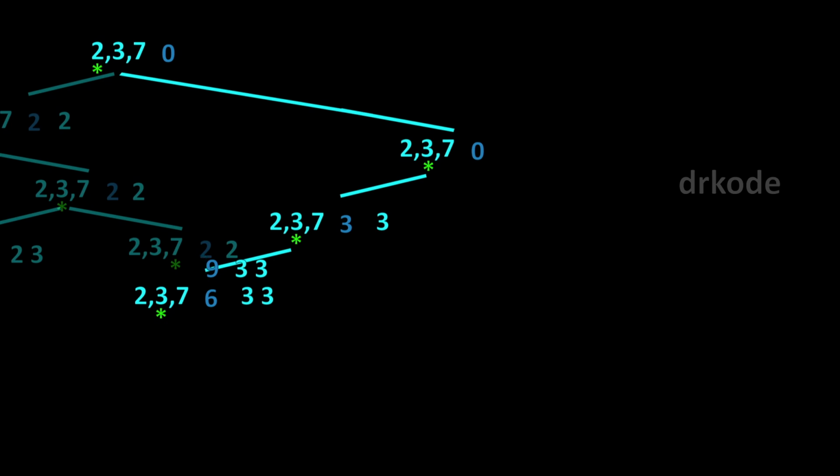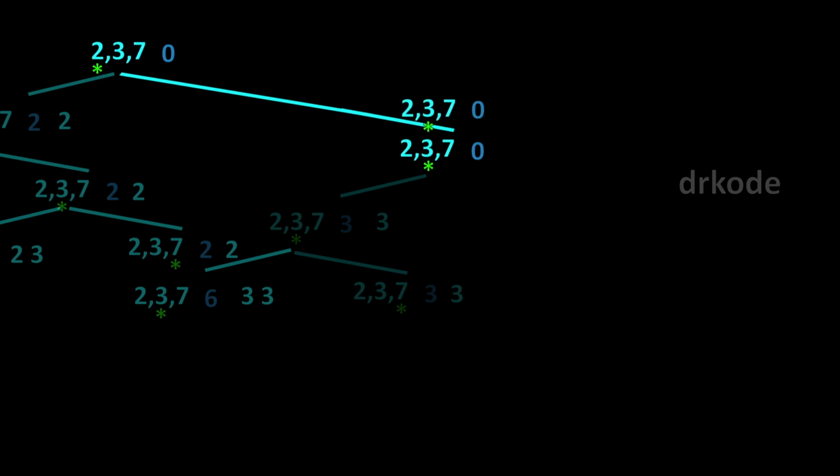Already greater than the target, so we prune the branch here and go back to the parent. We skip the index and move to the next, and it goes to the right branch. 7 plus 3 is greater than the target, so prune the branch here and go back to the parent. Here we skip the index and move it to the next, and it goes to the right branch.